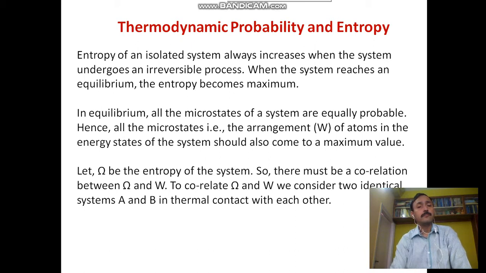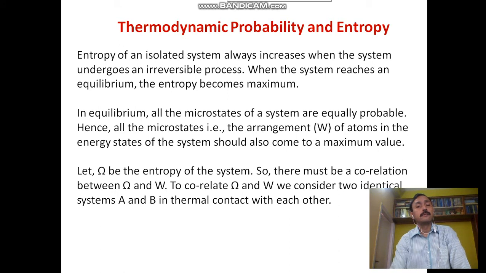Let sigma be the entropy of the system. So there must be a correlation between sigma and W. Sigma is the entropy, W is the thermodynamic probability, that is the number of microstates in a given macrostate.